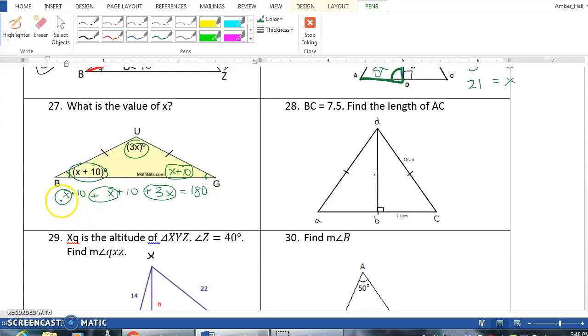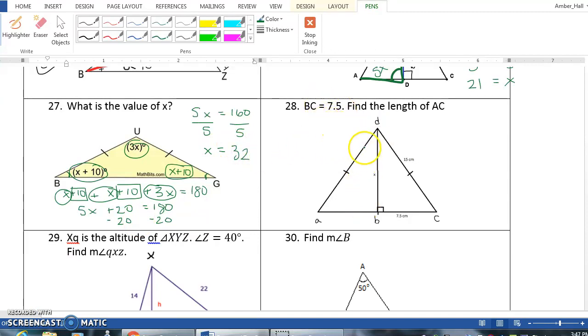I get 1x plus 1x plus 3x, 5x, plus 20 equals 180. Subtract 20 from both sides. 5x equals 160. Divide both sides by 5. x equals 32.